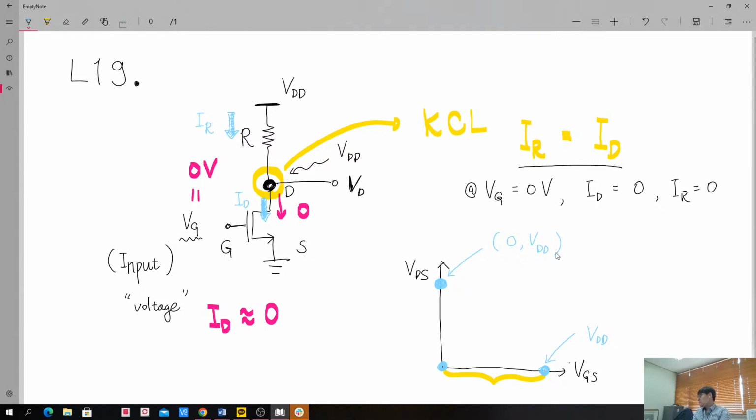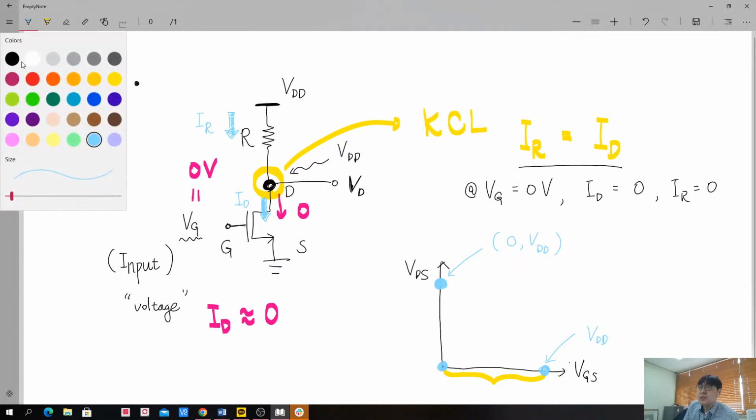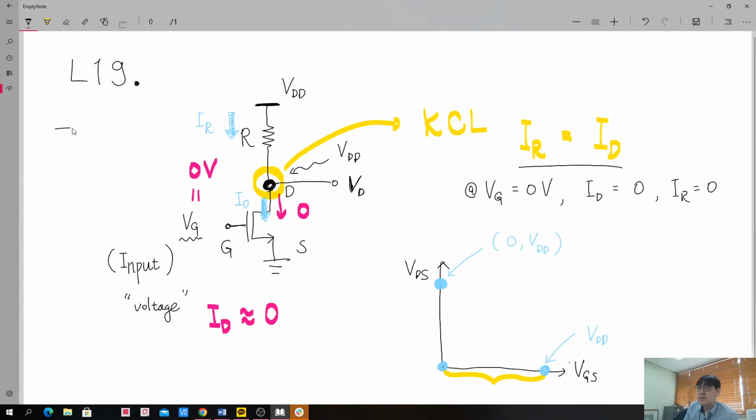Okay, thank you. So simply speaking, it can be considered as this conceptual view. If we just neglect the transistor which is turned off, then it can be regarded as this form, and this is called VD. Where is the transistor?